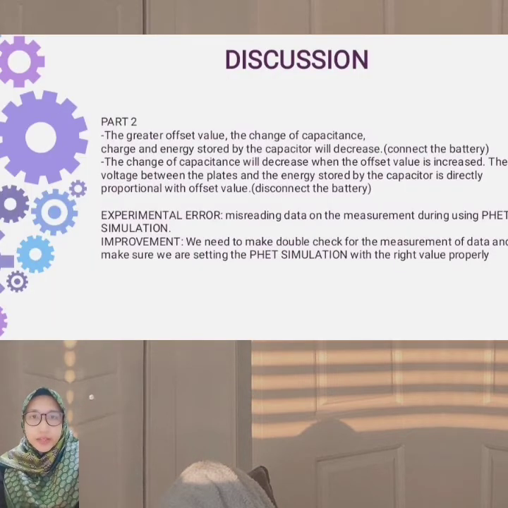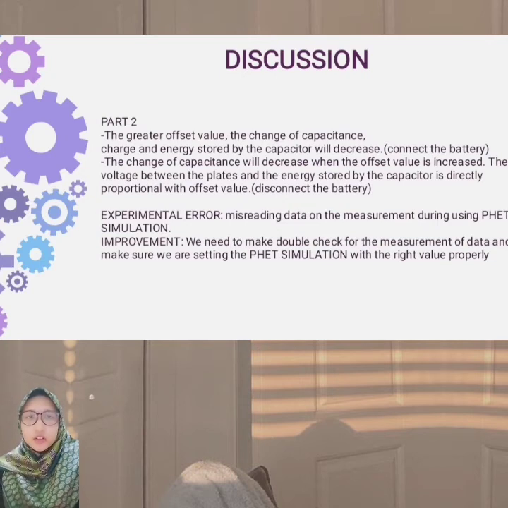Next, for the part 2 discussion, we found that the greater the offset value, the change of capacitance, charge and energy stored by the capacitor will decrease when we connect the battery. And when we disconnect the battery, the change of capacitance will decrease when the offset value is increased.